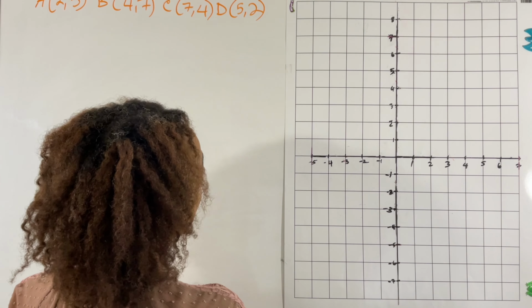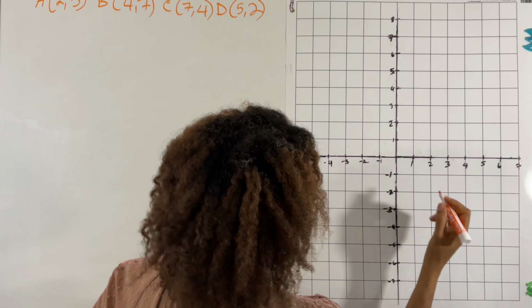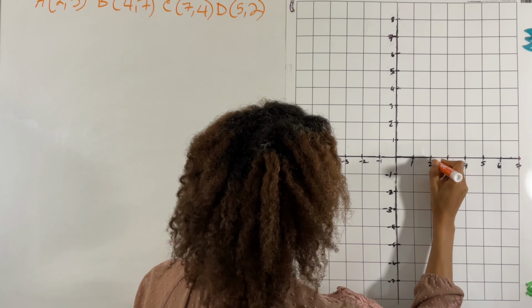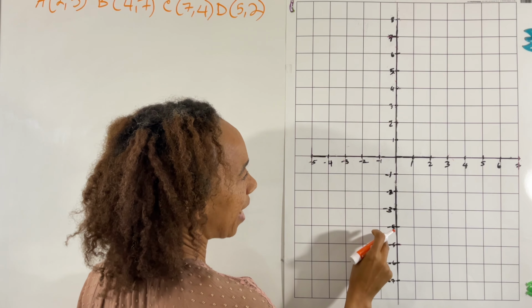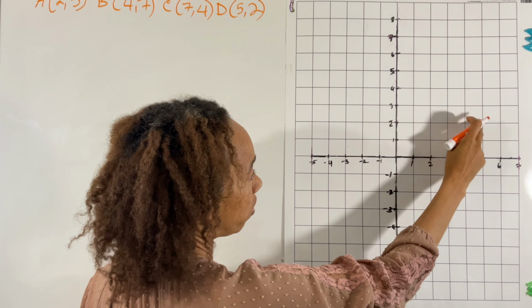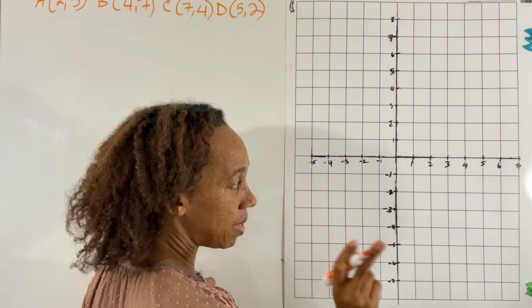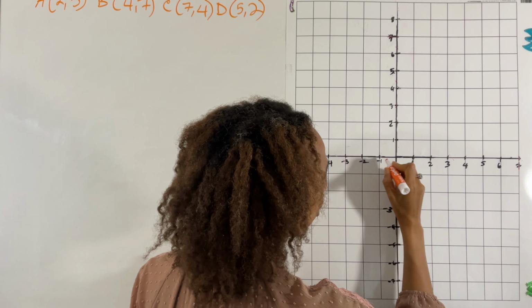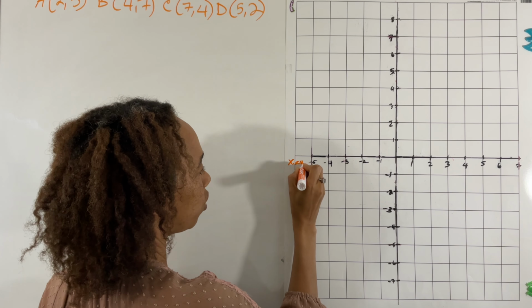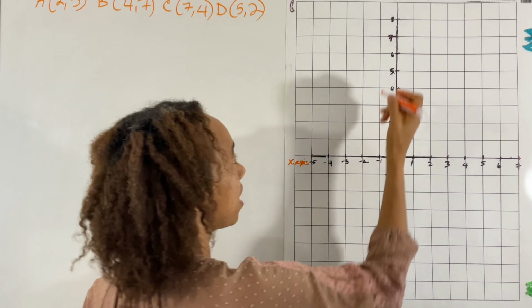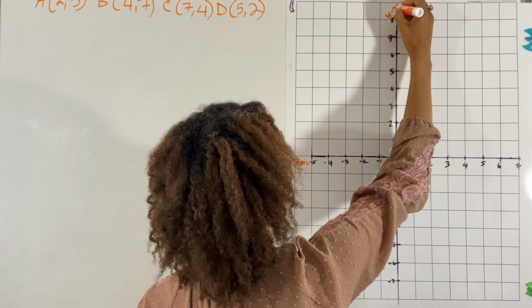So let's get started with plotting the points. The first point is A at 2, 5, and please do not tell me that you're going to start on the y-axis with finding 2 and going on to 5. Please don't make that mistake. A is 2, 5. You're going to go along the x-axis, and you can label this as x-axis for those students who are not versed in math, and this would be your y-axis here.